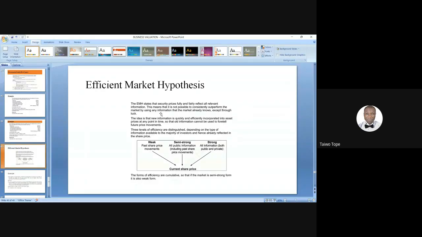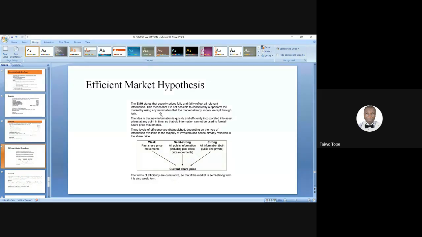So the 3 levels of efficiency are distinguished depending on the type of information available to the majority of investors. So we have the weak form of efficiency.